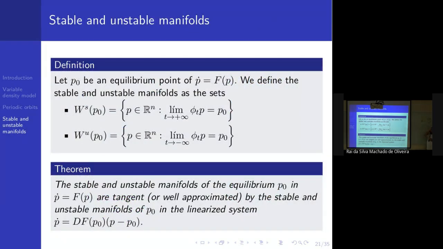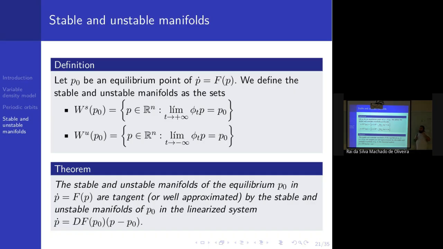Well, these are all the families we have found. And now let's talk about stable and unstable manifolds. In dynamical systems, when you start studying them, you usually see equilibrium points and periodic orbits, but these kinds of objects are also very important.